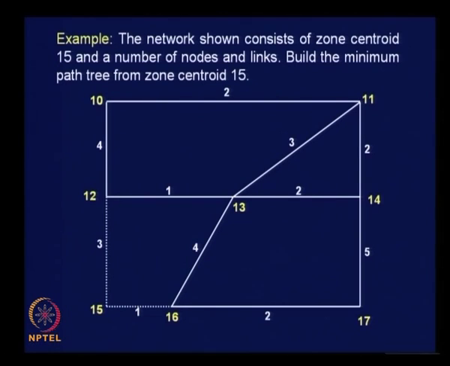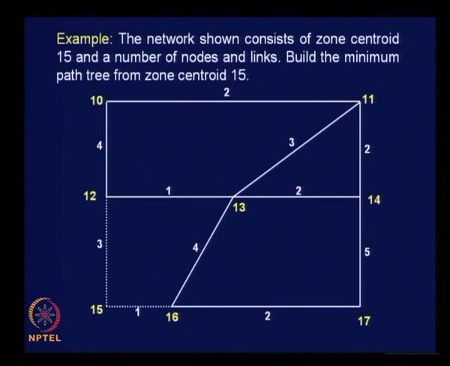Let us consider this simple example. The network shown consists of a zone centroid, 15, because you can see the dotted lines connected to number 15, right, and a number of nodes and links. The problem is to build the minimum path tree from zone centroid 15.